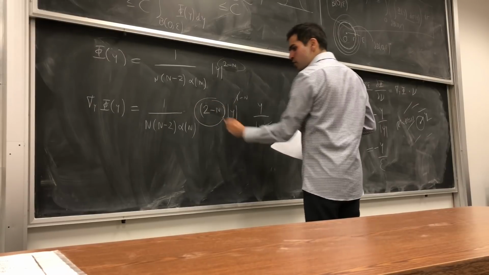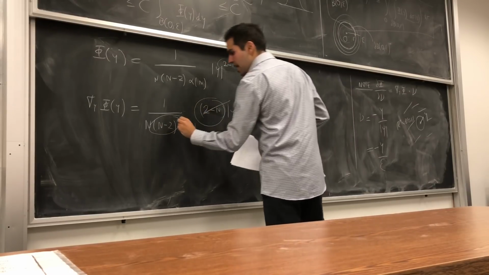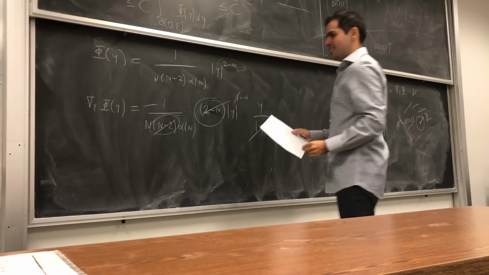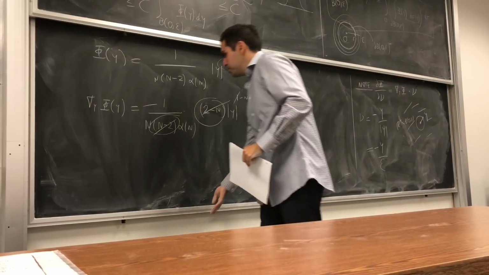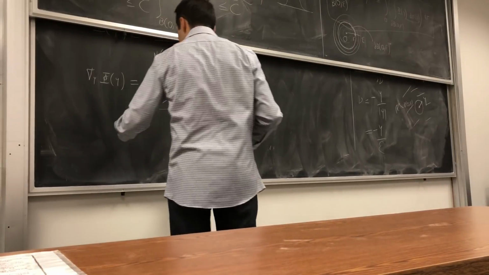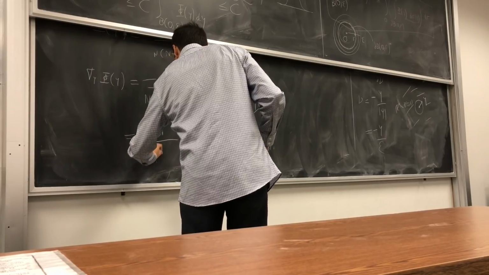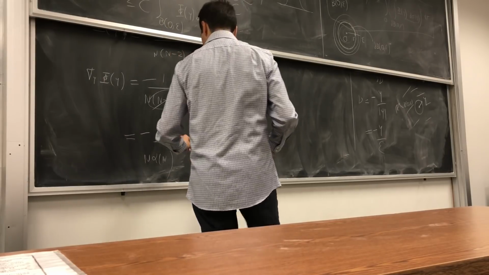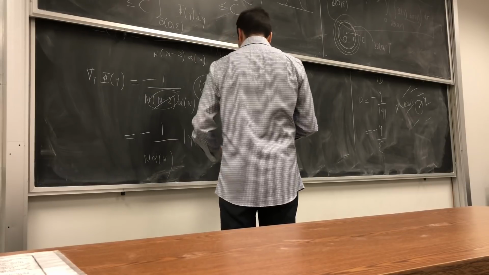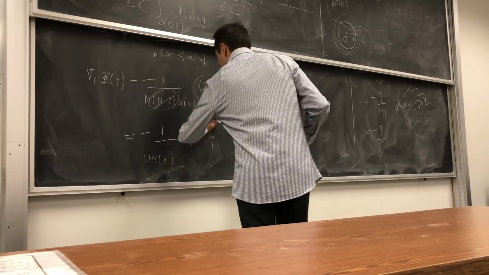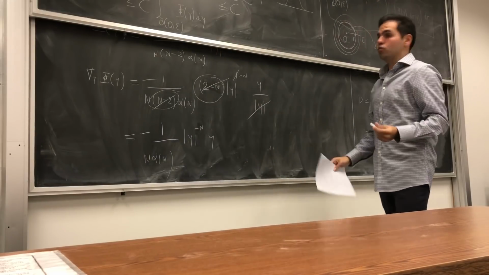And then 2 minus n cancels out with n minus 2, except for the minus sign, which is also why we chose n minus 2. So it becomes minus 1 over n alpha n, absolute value of y to the minus n times y. So it's this big constant times y.